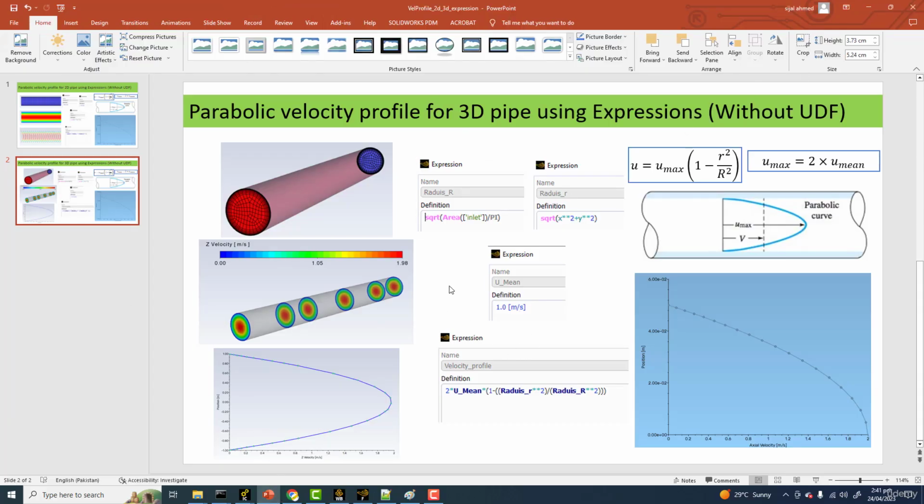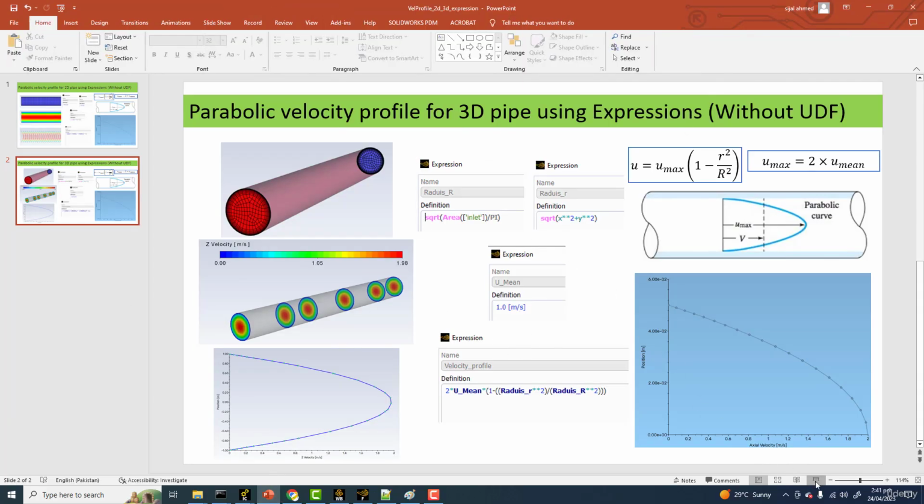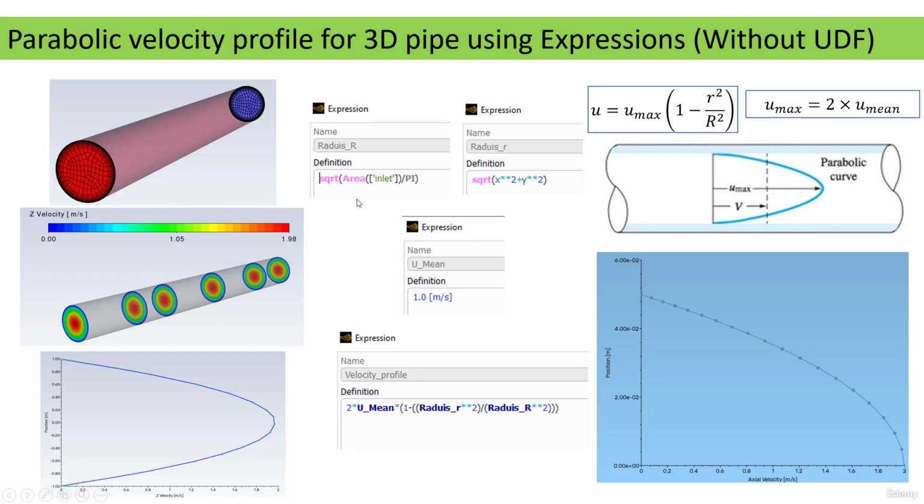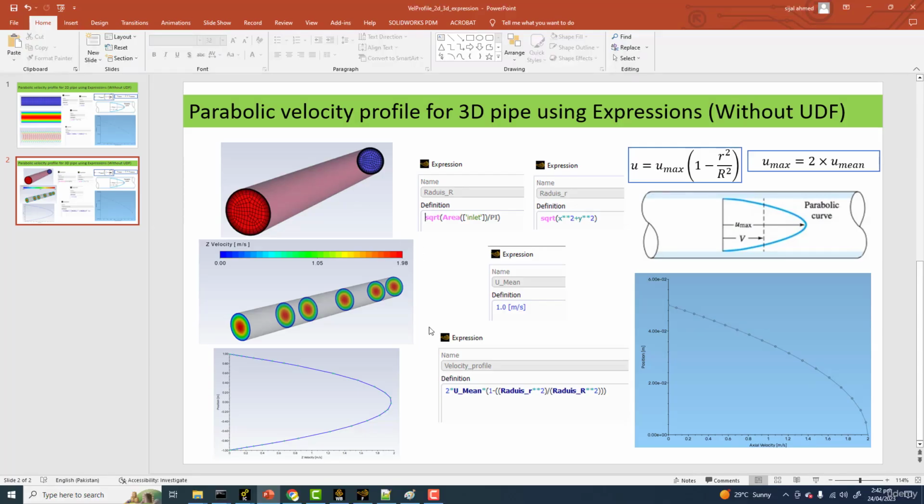I just made a small change. Although the area was around 1 meter square, using the area of inlet divided by pi and square root should give you the proper value of radius r. I didn't include the square root in the function because this was giving me the same value, but it should be used like this.